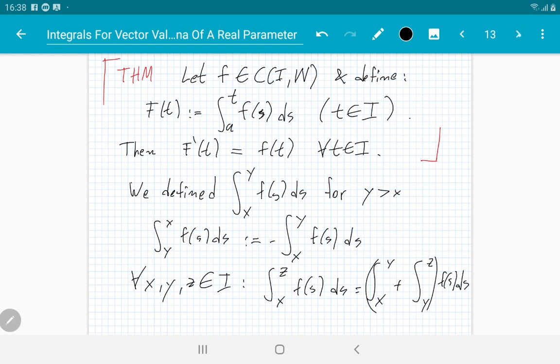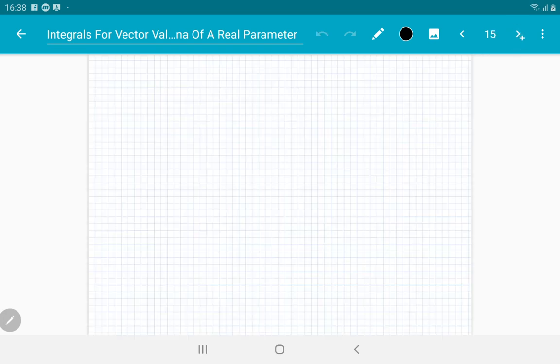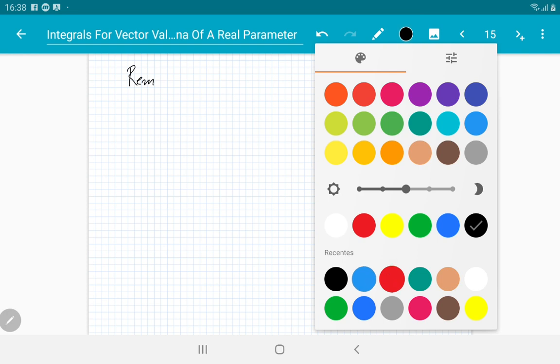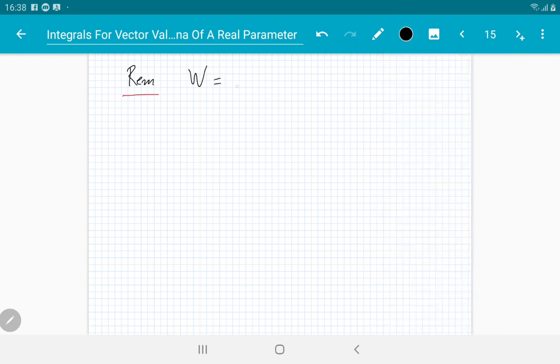I'm just going to finish with a quick remark, which says the following: that if W, the space where f takes values, is R^k, then the integral is always a vector, right? That's by definition, because it's a limit of Riemann sums, and Riemann sums are vectors. So this is a vector in R^k.